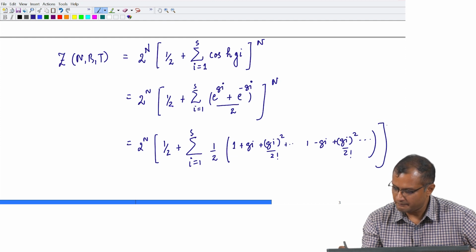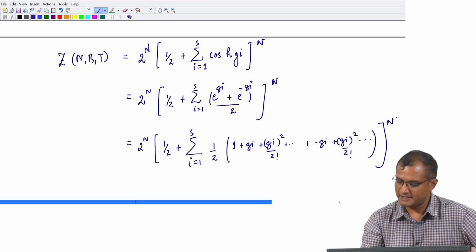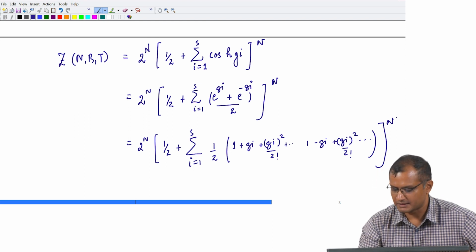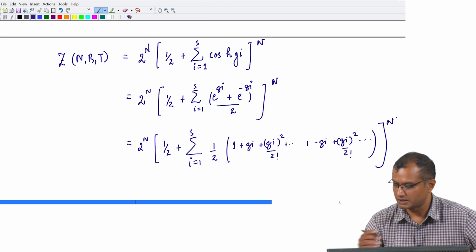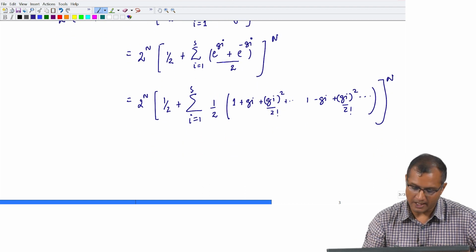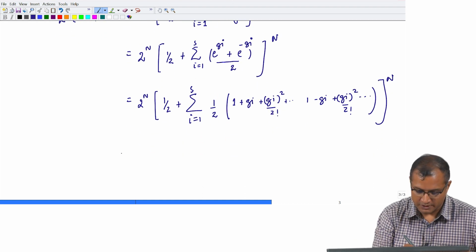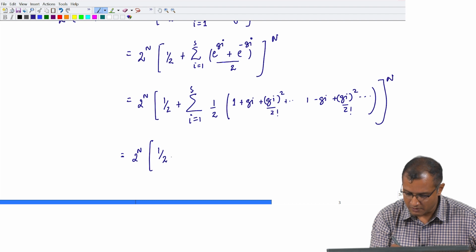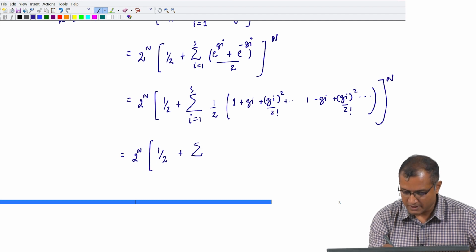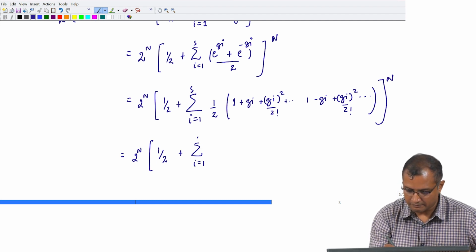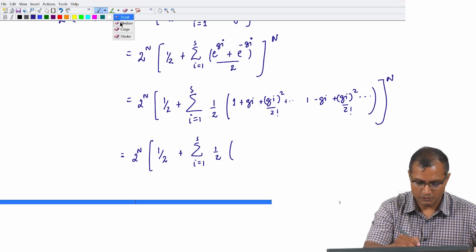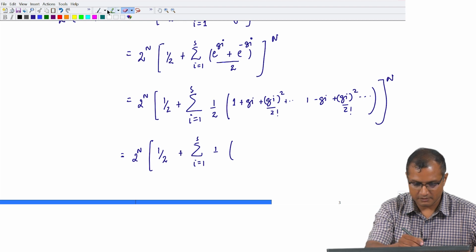Okay. So, I can easily see that all the odd terms will cancel and the even terms will add up. So, if I do not add terms beyond order G4, then I get this. This is 2, do not confuse it for anything else.